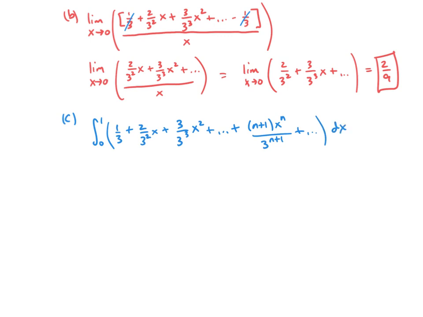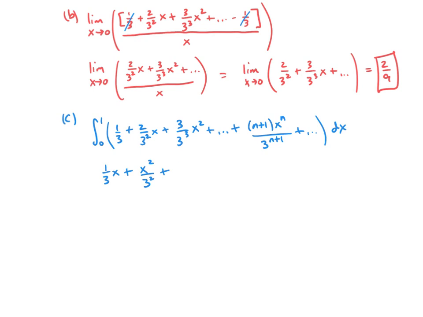Okay, our antiderivative. So the antiderivative of every part would be 1/3 x plus, now remember when you're taking the antiderivative power rule, you add 1, which is 2, and you divide by 2, which means the 2 would cancel. So we're left with x squared over 3 squared, plus, same thing, we're going to add 1 and get 3.